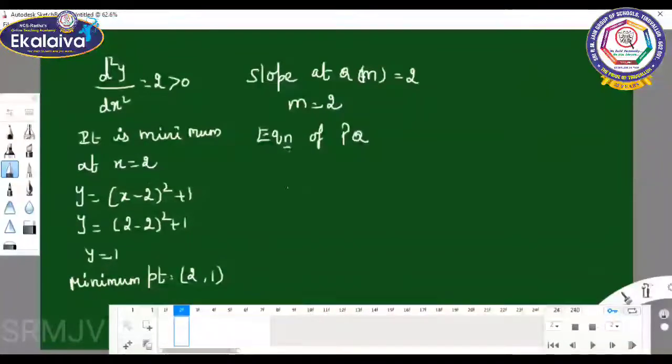The equation is of the form y equal to mx plus c. With slope 2, y equal to 2x plus c.